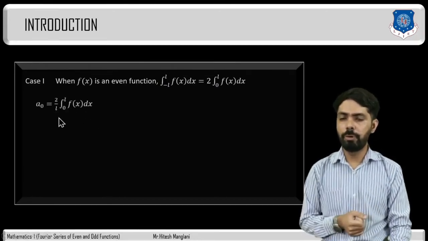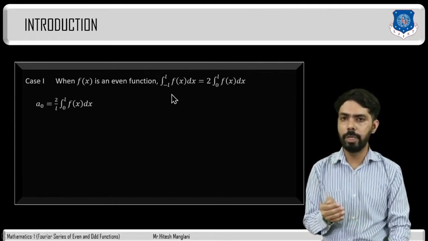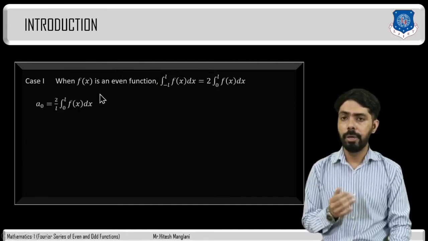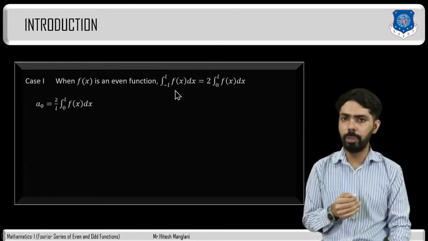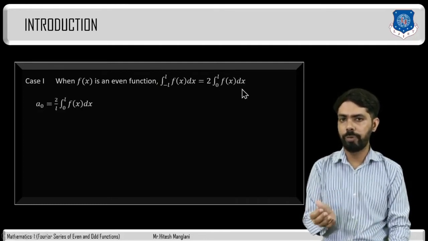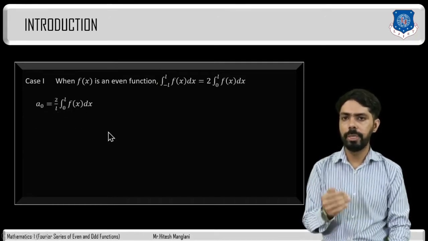Because what is the formula of a0? The formula of a0 is 1 divided by L integration minus L to L f of x dx. But here we are considering the case when the function is an even function. So integration minus L to L f of x dx can be written as twice integration 0 to L f of x dx. Therefore a0 will be 2 divided by L integration 0 to L f of x dx.